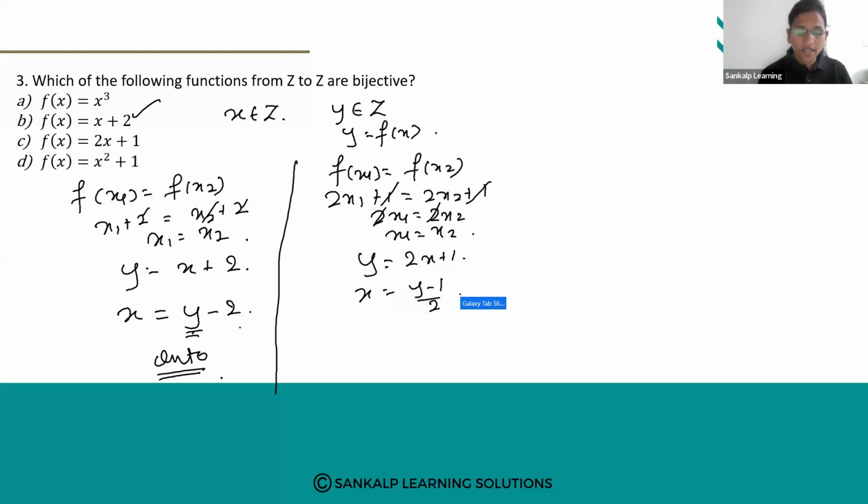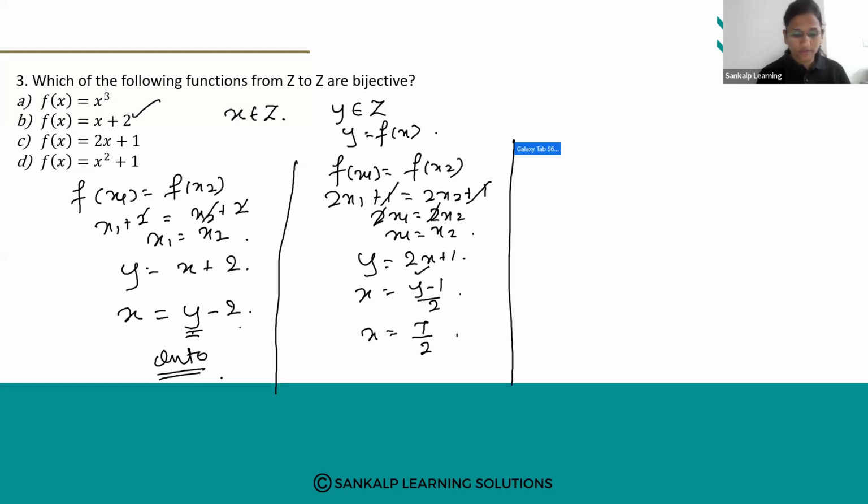If y is any integer and you are dividing it by 2, for it to be an integer it has to be divisible by 2. For example, if y is 8, you'll get 7 by 2, but 7 by 2 is not an integer, so it will not be onto. Hence 2x plus 1 is again not bijective.